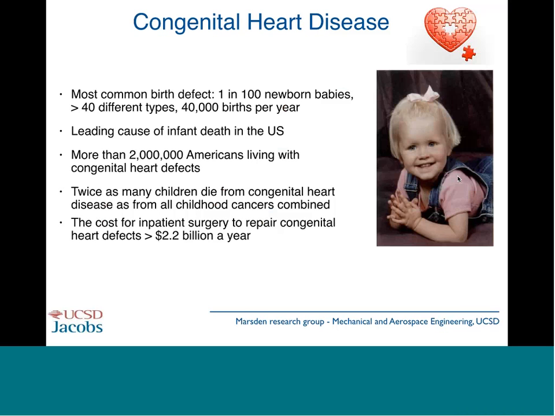It's a very heterogeneous population of patients with over 40 different types of diagnoses for different types of congenital heart diseases, totaling about 40,000 births per year in the U.S. Congenital heart disease continues to be the leading cause of infant death in the U.S., and there's a growing population of adults now living with these conditions as we get better and better at treating congenital heart diseases in infancy and childhood.